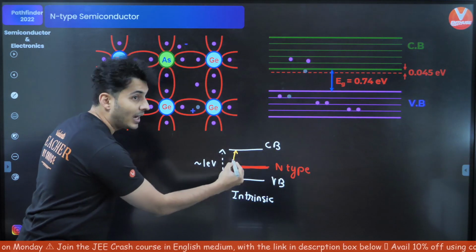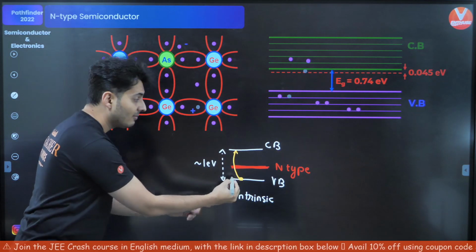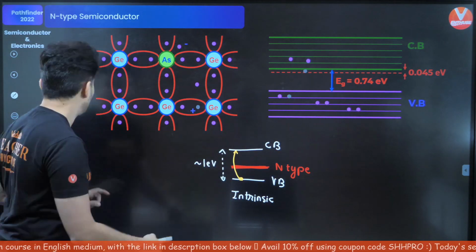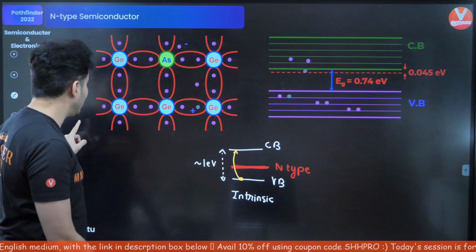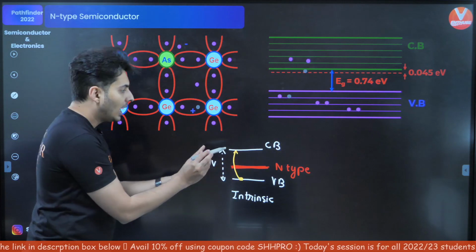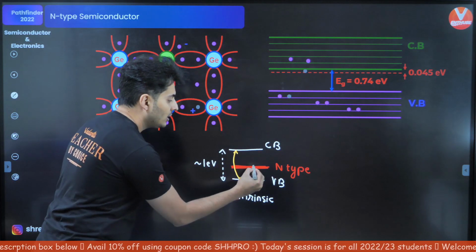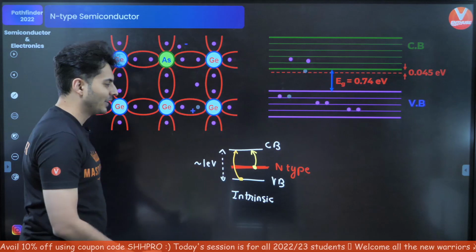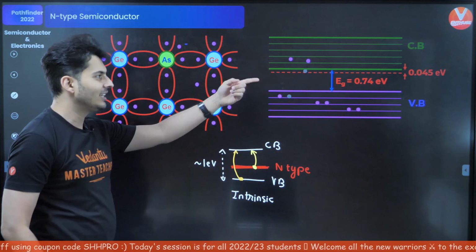That was a much wider jump, a bigger jump by thermal energy. This was a big jump for intrinsic. But the moment you create an N-type impurity and add it over there, the jump for this electron from here to here is much smaller. So that's the reason why the conduction increases.